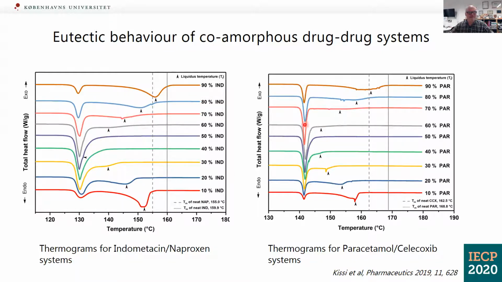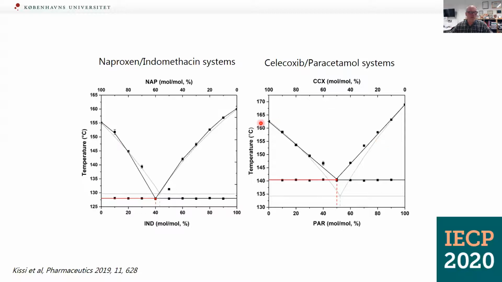And here's the same for the other system. So this is paracetamol, celecoxib. Again, we can see one endothermic event here, and then a second endothermic event that comes at different temperatures depending on the mixing ratio of the two drugs. And if we are using this thermal data, we can determine the eutectic mixture of the two drugs.